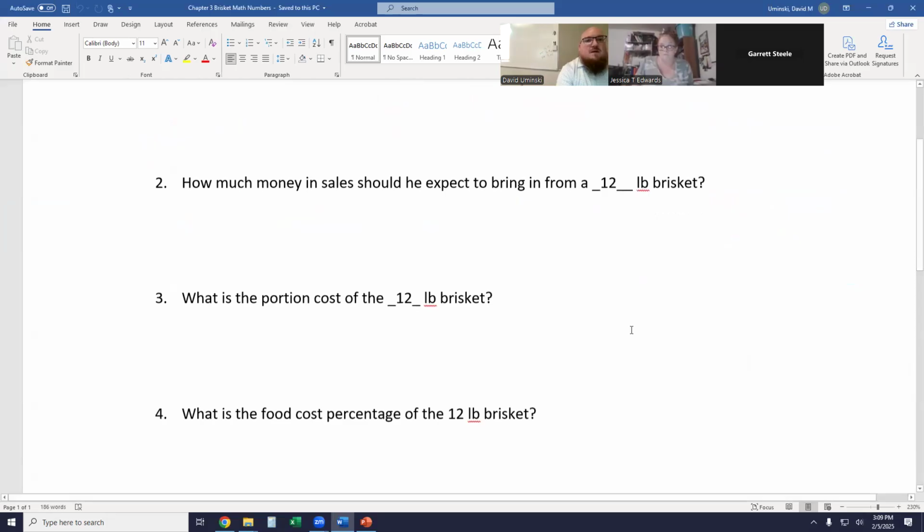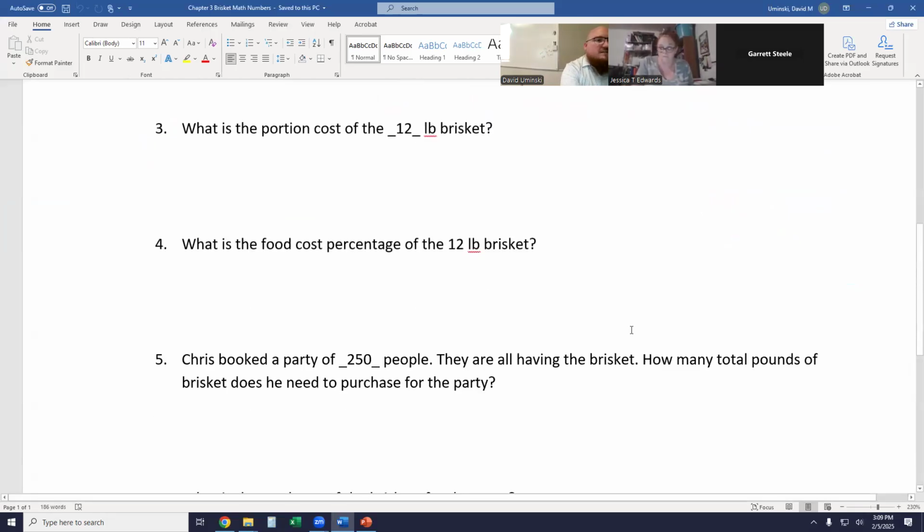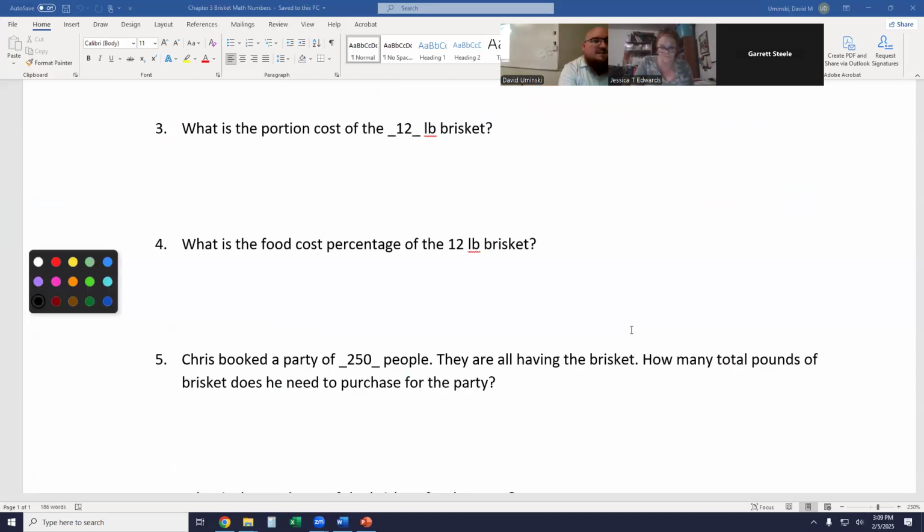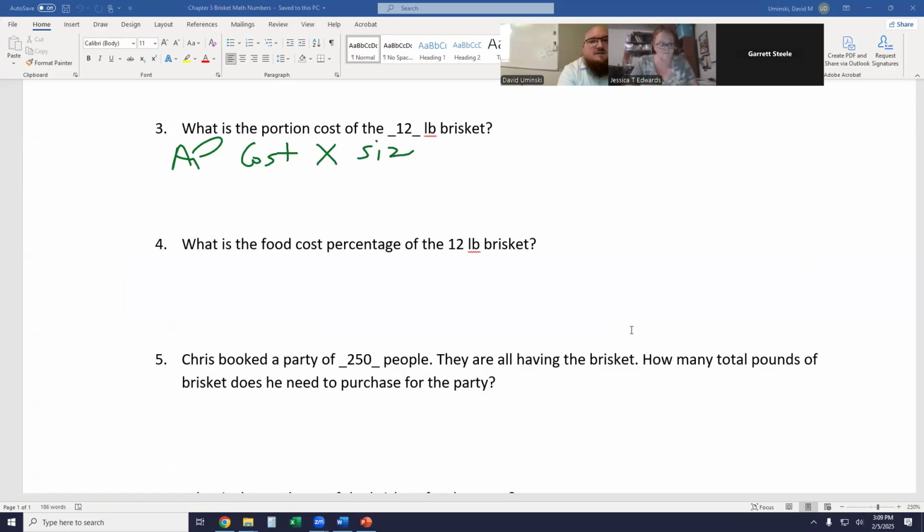Okay. So what is the portion cost, the cost per portion of the brisket? So what we want to do is take the as purchased cost times the size of the brisket.